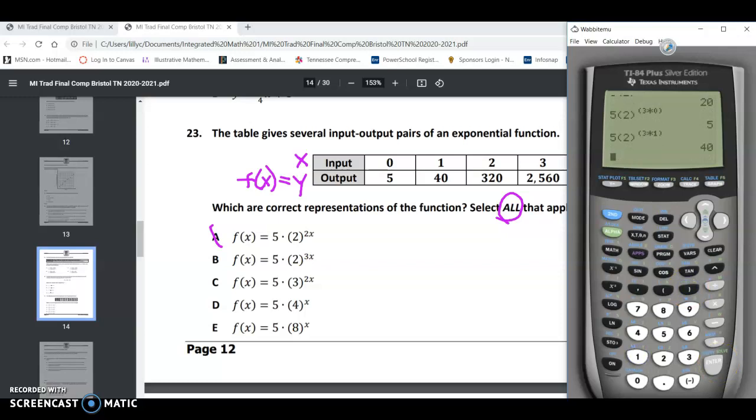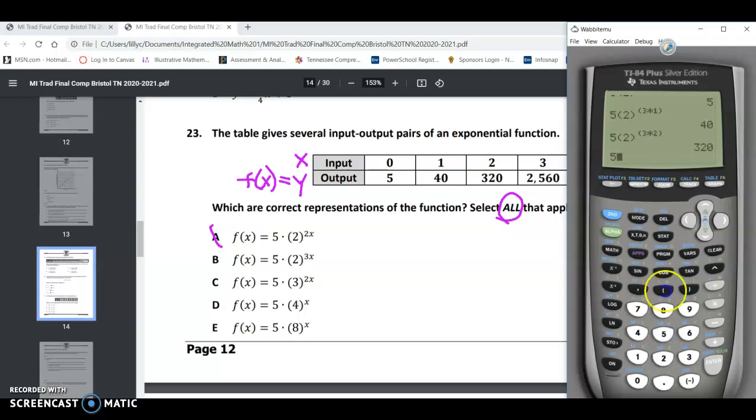So far, so good. So we're going to do 5 times 2, and then we're going to do 3 times the next input, which is 2. And we got 320, so that one works. So it looks like this is going to be an answer.